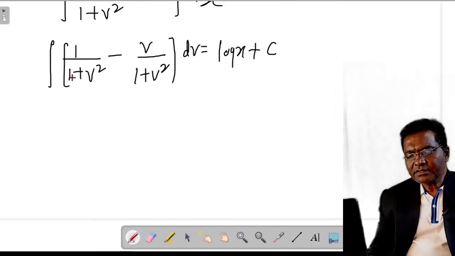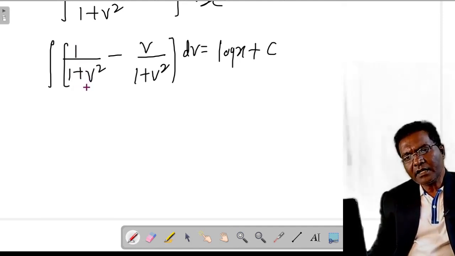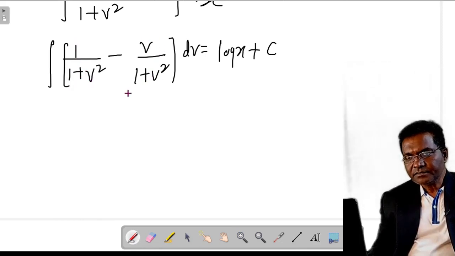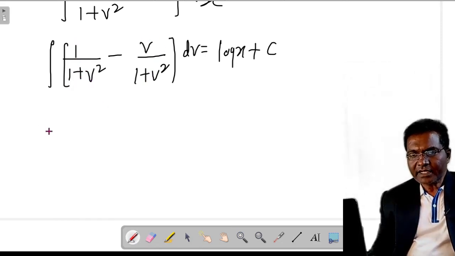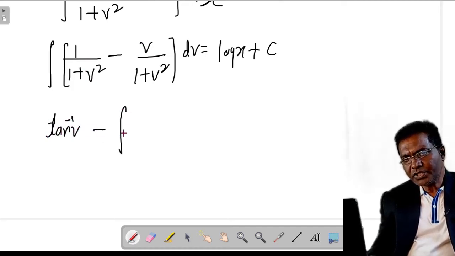Now look at this. This is clear: 1 by (1 plus v square), its integration is tan inverse of v. Now the question is, what is the integration of this?